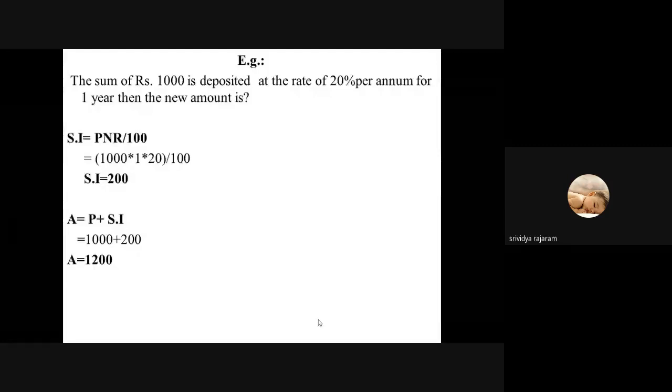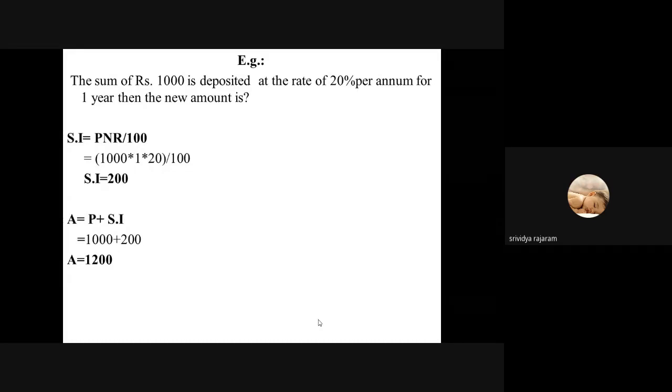We know the formula that SI is equal to PNR by 100. So P is given as 1,000 and N is given as 1 year, R is given as 20%, so 20 by 100. So we are getting simple interest as 200 rupees. But what they are asking us to find is the new amount, so the value of A. So we have to apply the second formula. What is the second formula?